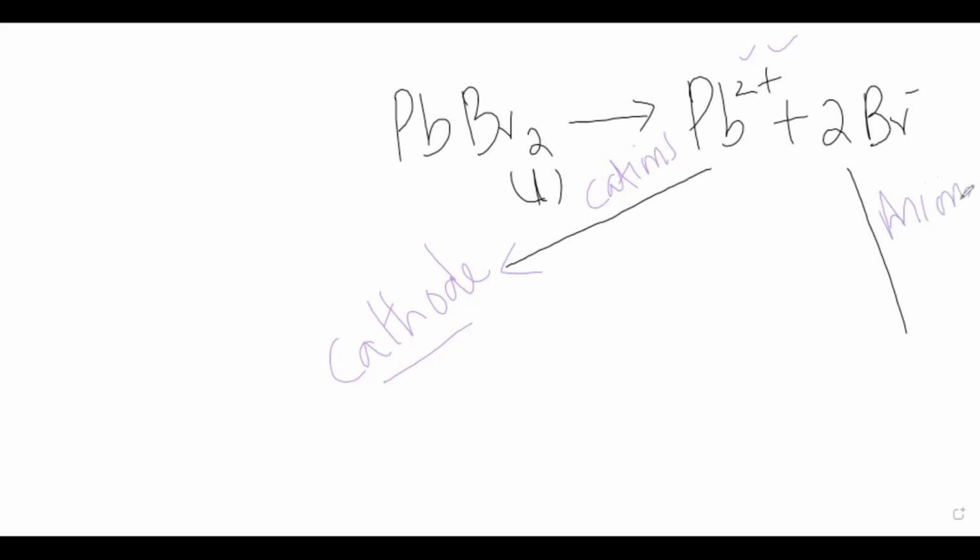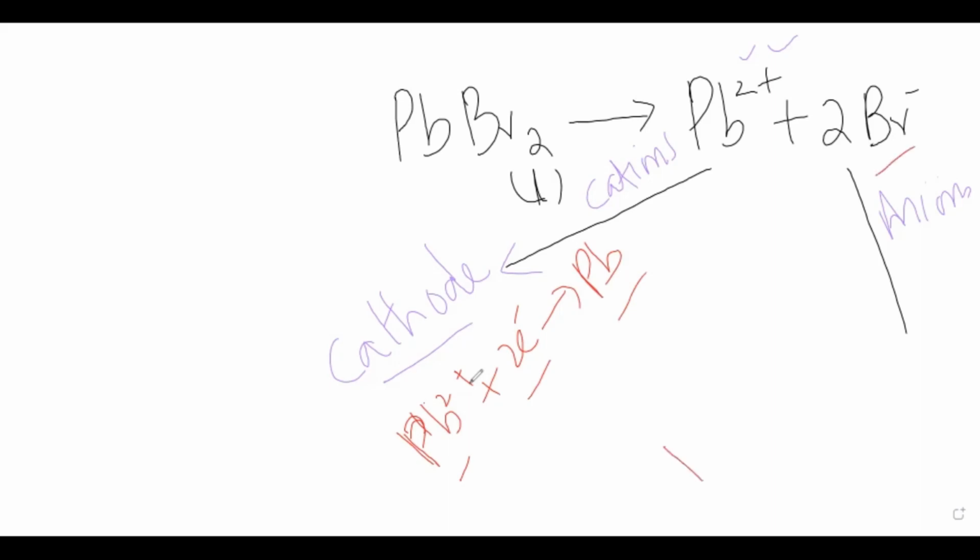So at the cathode, lead 2+ ions gain electrons to make lead.